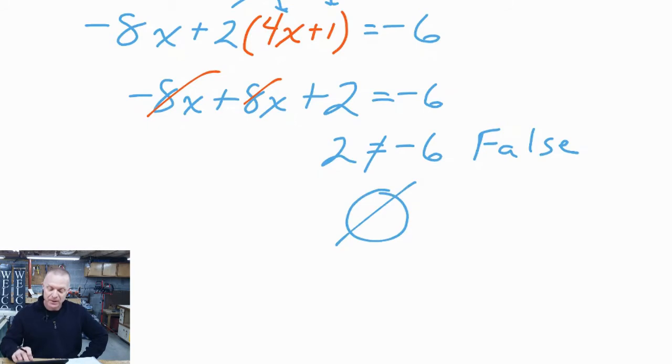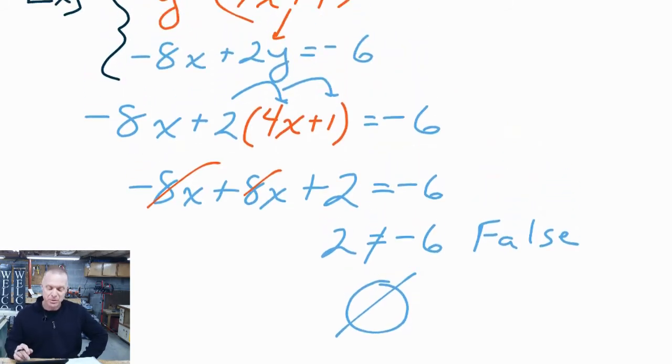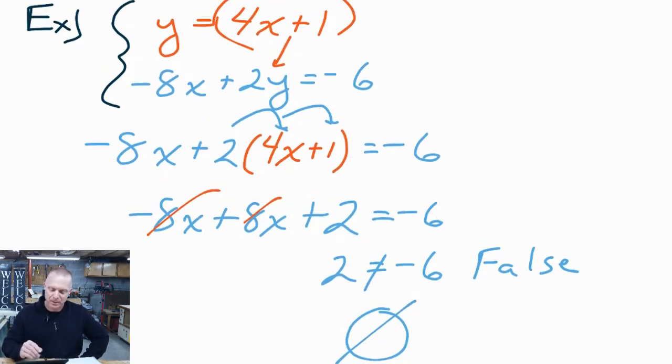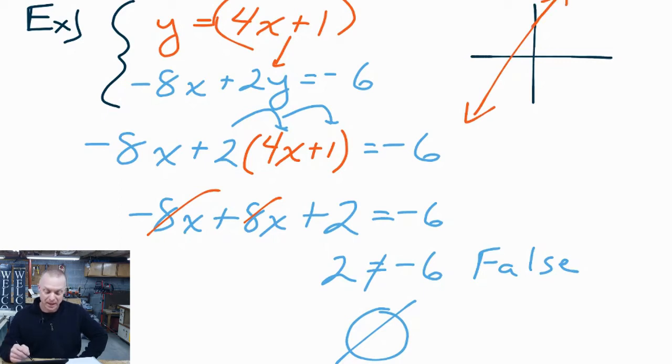Now, if you think about it, the reason this problem is no solution is because we have 2 special lines. If you think about the 2 lines that you have in this problem, you quickly deduce that your 2 lines have the same slope. Here's my first line, the first equation, that is.